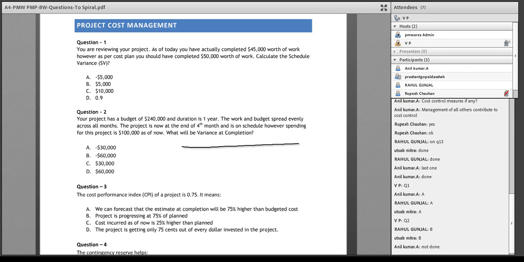You have 12 months: 1, 2, 3, 4, 5, 6, 7, 8, 9, 10, 11 and 12. You are at the fourth month: 1, 2, 3, 4.